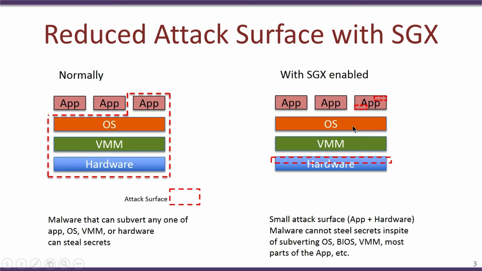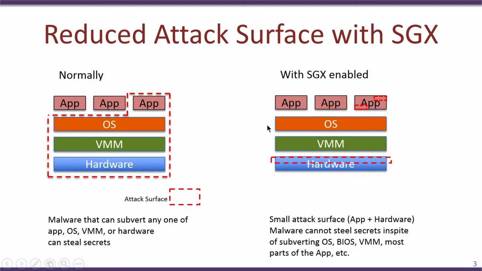So, you could still have an untrusted operating system, untrusted virtual machine managers and so on, but what is required to keep the key secret is just that a portion of the hardware is trusted along with small areas of the application. So, what we achieve by this is that we are drastically reducing the attack surface.